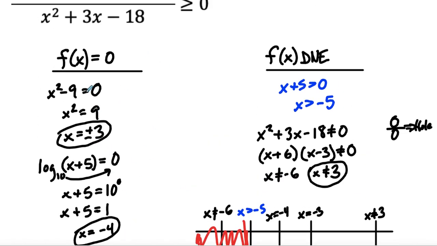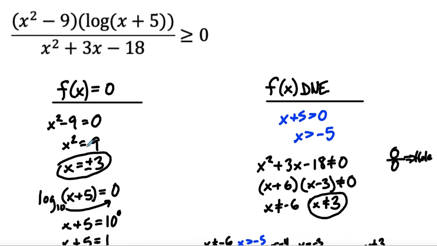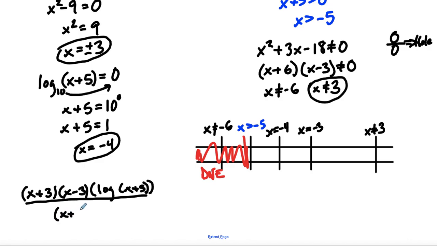But that's a little bit difficult when you're looking at this whole thing. So let's look at it in the factored form, because really, this function would be x plus 3, x minus 3, times log of x plus 5, and in the bottom you have x plus 6, x minus 3.